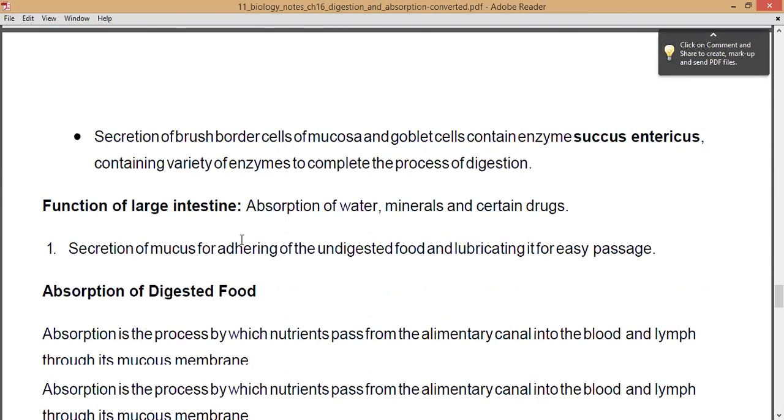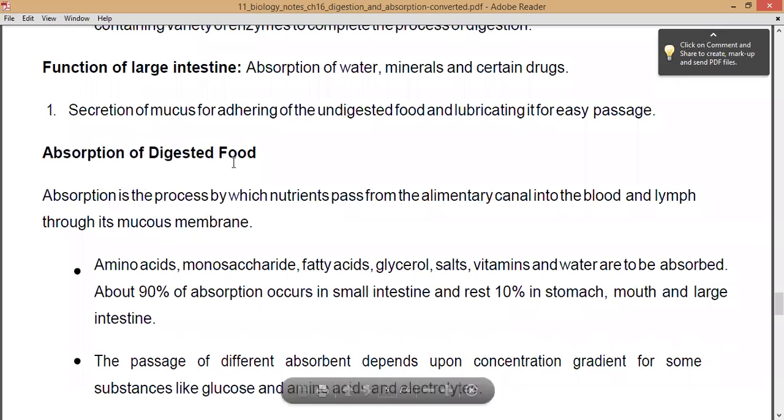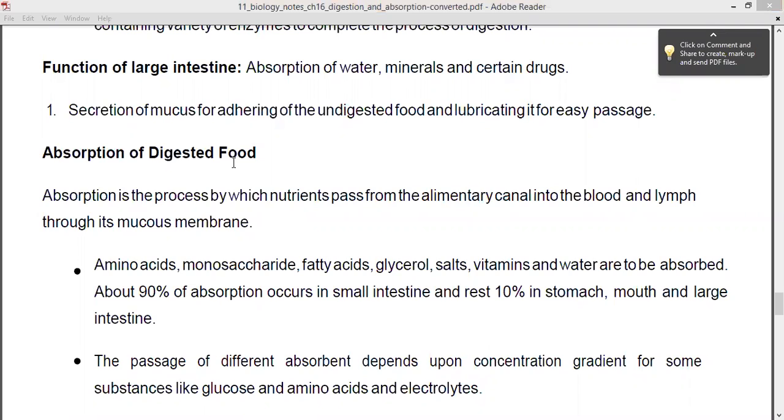So in the large intestine, absorption is again taking place, right? The large intestine is responsible for absorbing water, minerals as well as several drugs, right? Here in the large intestine, there is secretion of mucus for adhering the undigested food and lubricating it for easy passage.